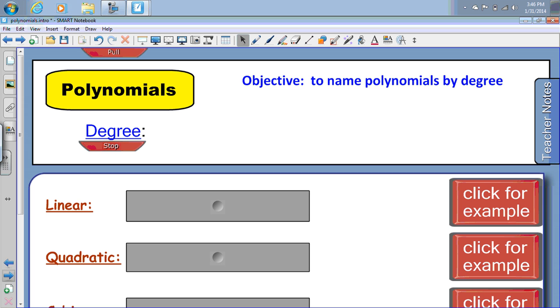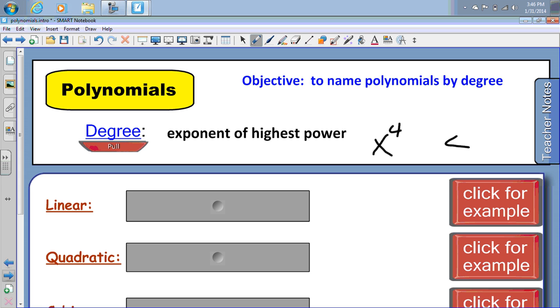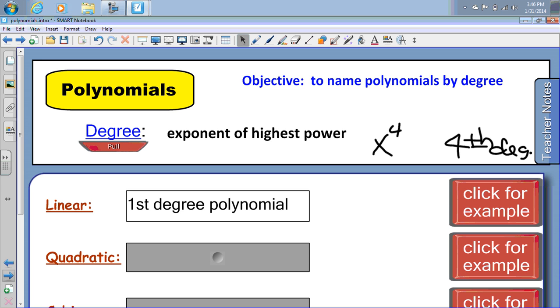Now, by naming these by degree, okay? Exponents of the highest power. So when we name it as a degree, we use the exponent as the highest power. If x to the 4th is the highest power, then it's a 4th degree. Okay? Linear is a 1st degree polynomial. It will look like this.